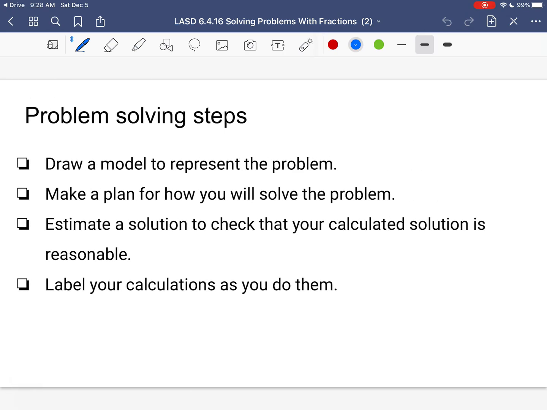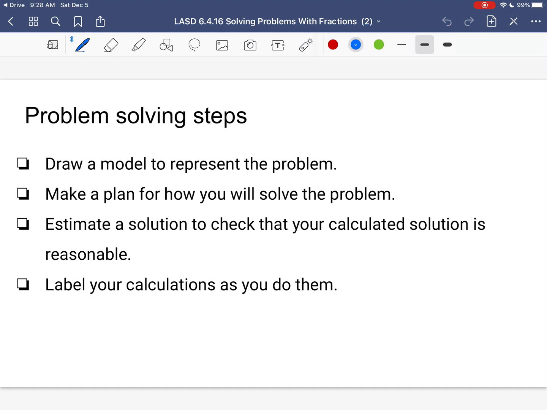Here are some problem solving steps that are good to use with any math problem, not just these ones involving fractions. It's good to draw a model to represent the problem, or any kind of picture to help you visualize the problem, so you can see the information that you're given and also visualize what you're being asked to solve.